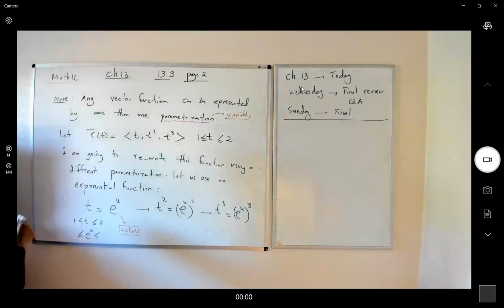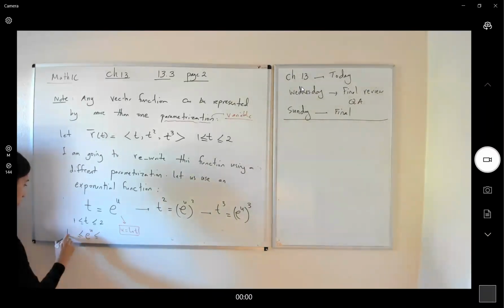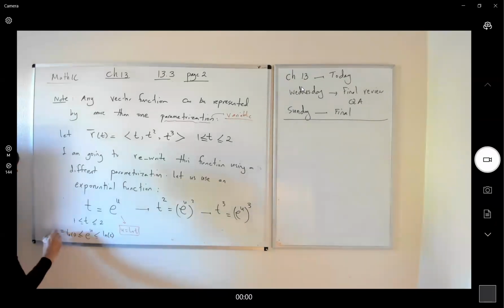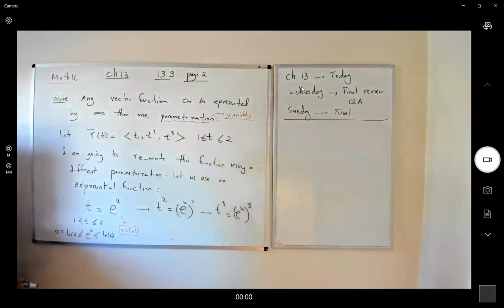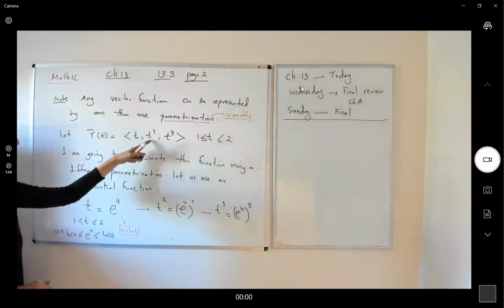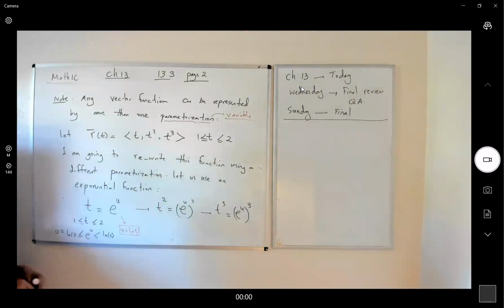So ln of 1 is equal to 0, and it is ln of 2. So e to u as a new parameterization is between 0 and ln of 2. So if you switch from t to u, you have to use a new boundary. The lower limit is 0, and the upper limit is ln of 2.